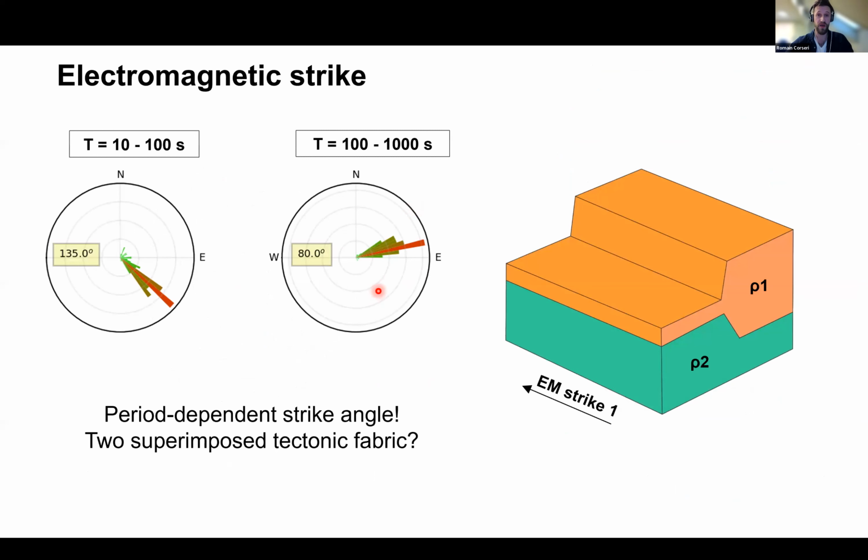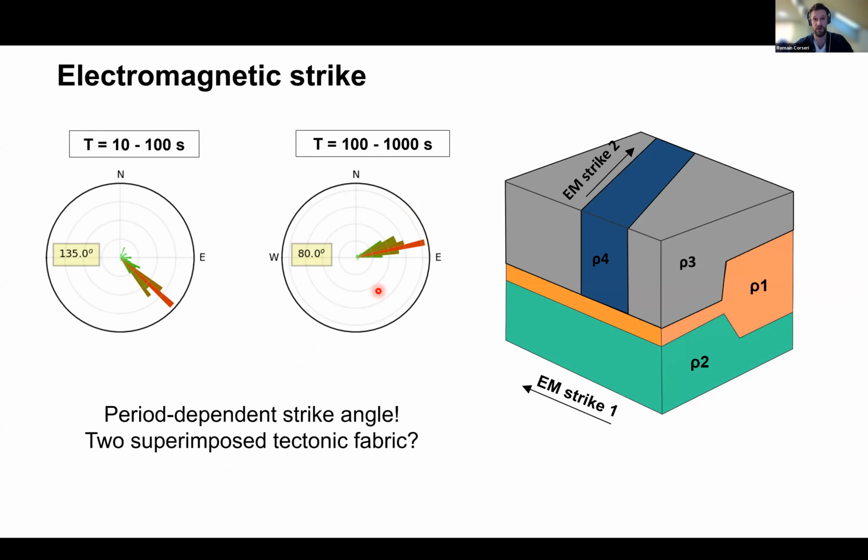Often in some places you have a period-dependent strike angle. It may correspond to a subsurface that has, for example, two superimposed tectonic fabrics. Sometimes this electromagnetic strike can be period-dependent, and in this case it can be quite important to use 3D modeling instead of 2D.